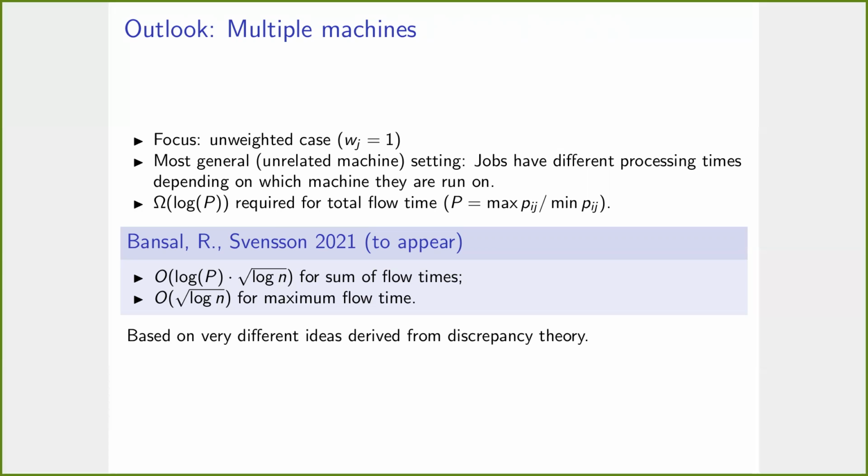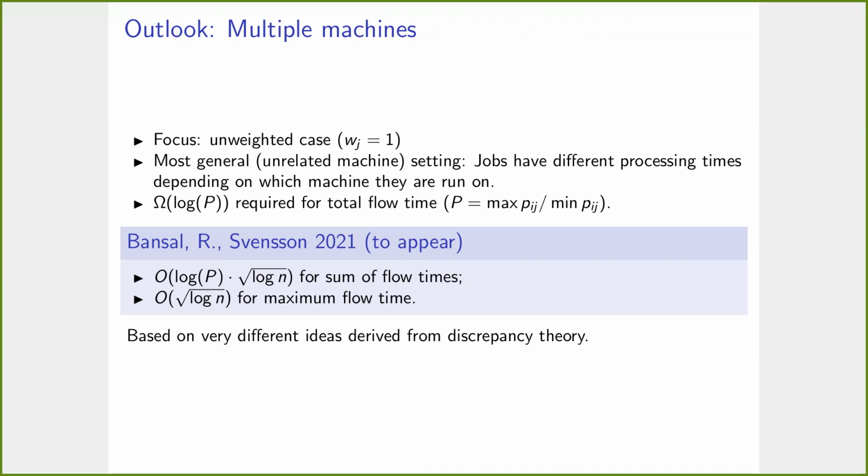If you look at the same problem for multiple machines, then already in the unweighted case, where all weights of the jobs are equal, this is highly non-trivial, and essentially if you introduce weights, then it becomes hopeless to get any meaningful approximation guarantee.